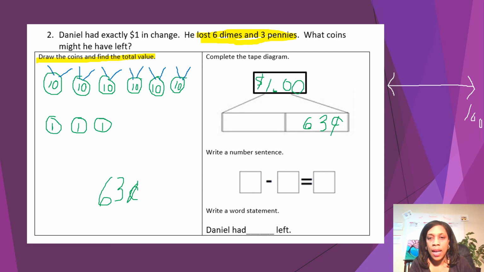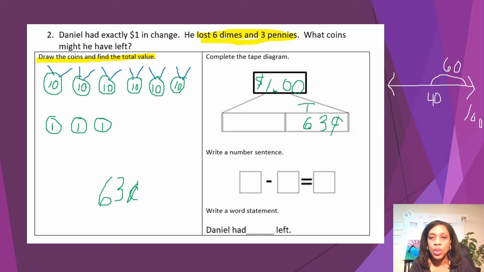So I know that he lost 63 cents. So I'm going to go back 6 tens. If I hop back 6 tens, that's 60. If I'm at 100 and I hop back 6 tens, I should land at 40.